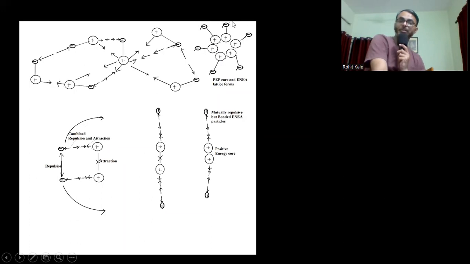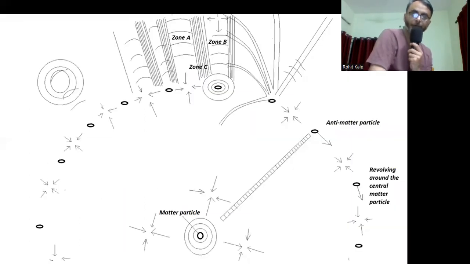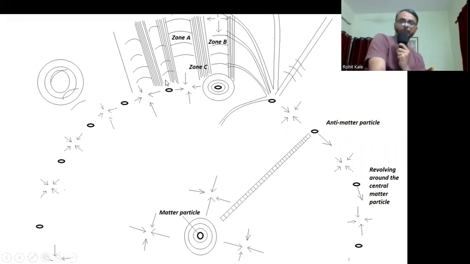They will form what is called a mesh, basically lining up all around. So this is the basic emerging description of the electron, which is also what is called the matter antimatter model of the electron.